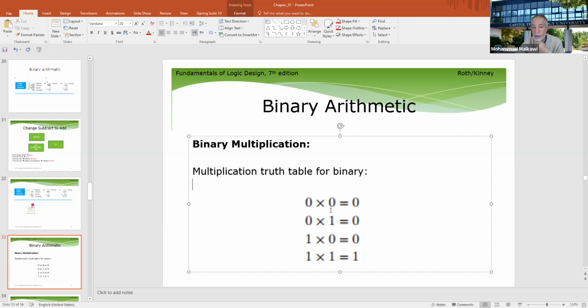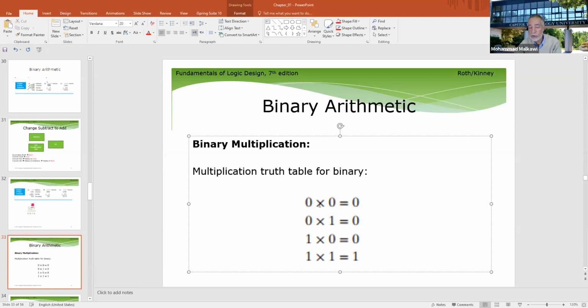All the multiplications are zeros except for 1 when you multiply 1 by 1. If we do the multiplication per se, we are not doing the adds, but in reality, when we perform the multiplication algorithms, we will be using the adds.